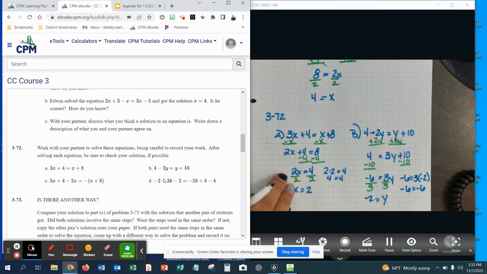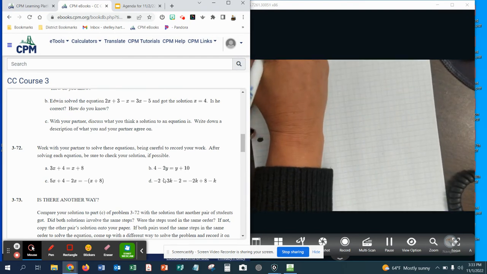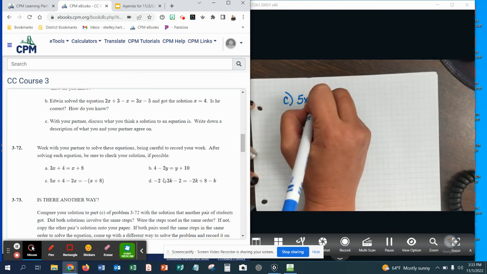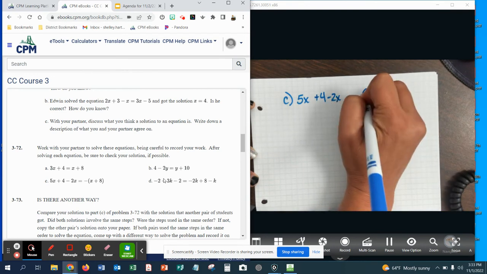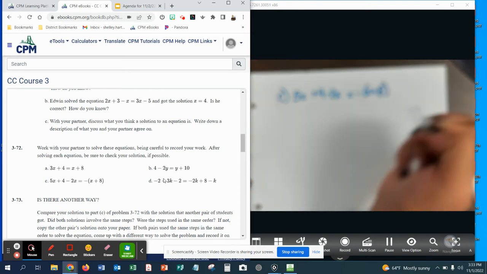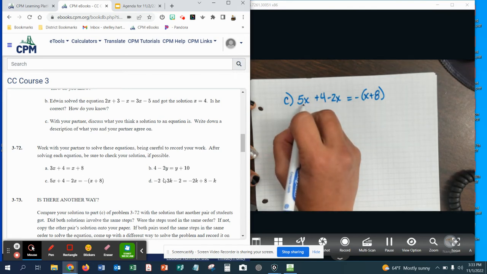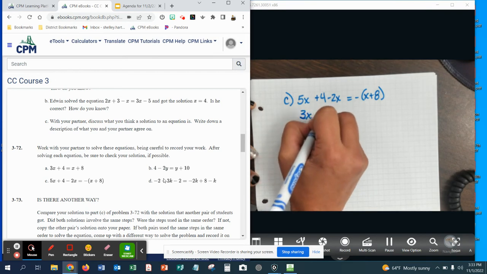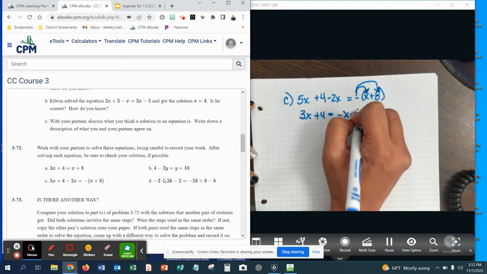All right. Let's do C and then D, and we will be done. So here's C. I've got 5x plus 4 minus 2x equals negative x plus 8. I'm going to combine my x's on this side. So 5x minus 2x equals 3x plus 4 equals, I'm going to distribute this negative, so I've got negative x minus 8.